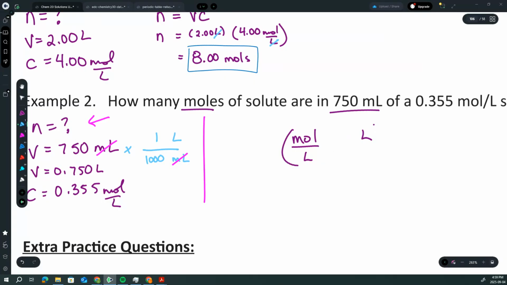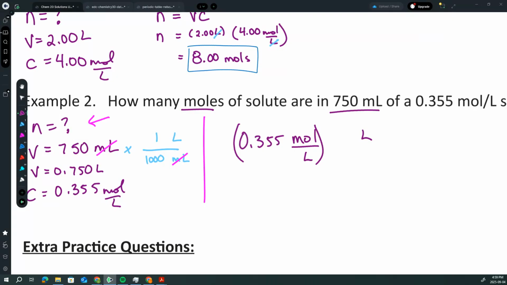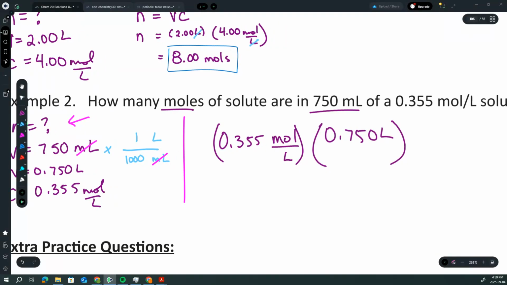So I'm just going to get rid of these brackets and we'll just fill in the numbers here. So we're going to have 0.355 moles per liter times 0.750 liters. And as I showed you, liters are going to cancel out. And once we multiply those two numbers together, we're going to get 0.2662.